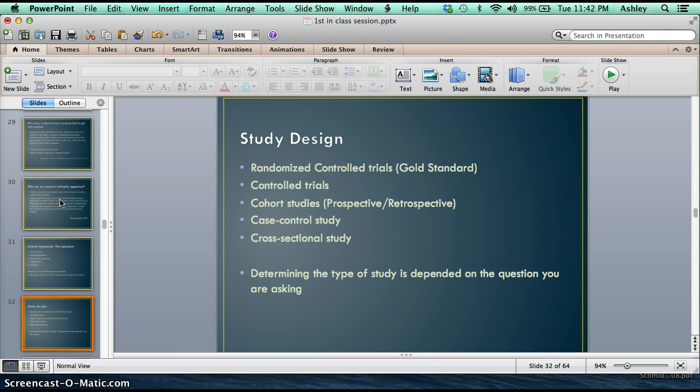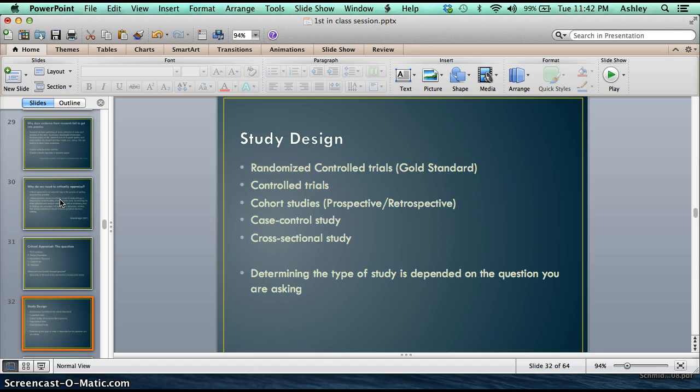Now, again, these types of studies are often less reliable than RCTs and cohort studies, because even though there may be a statistical relationship, that doesn't necessarily mean that one factor caused the other.